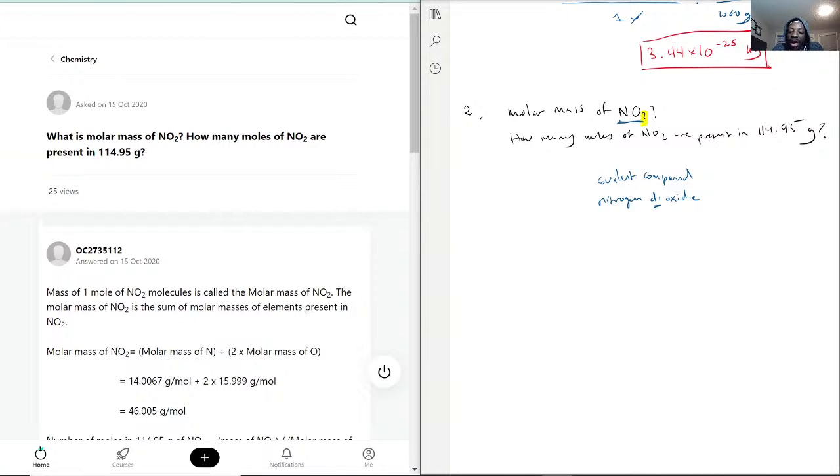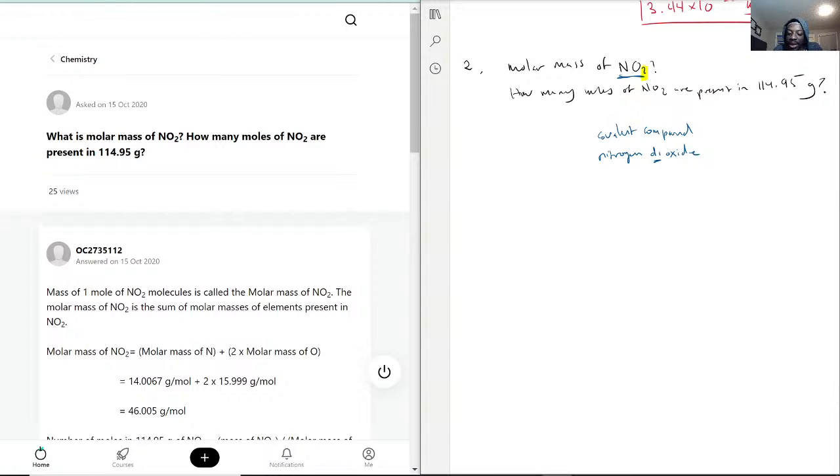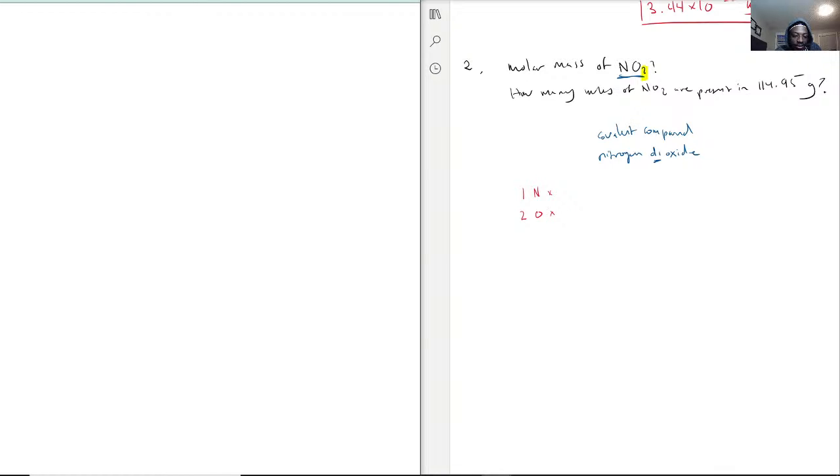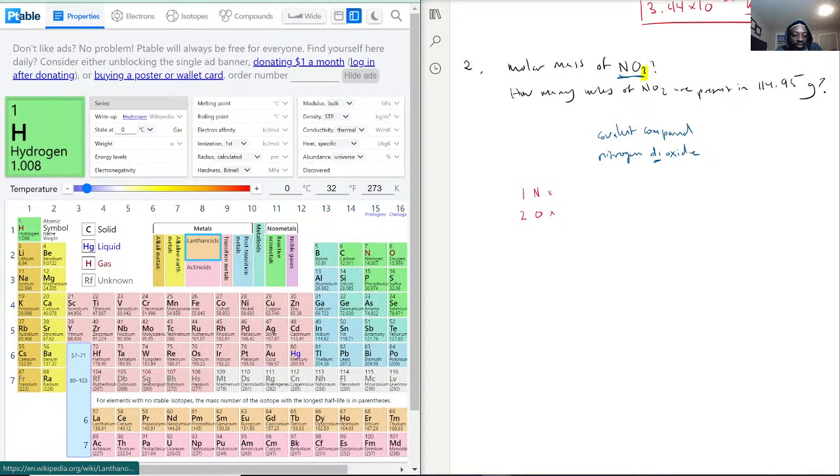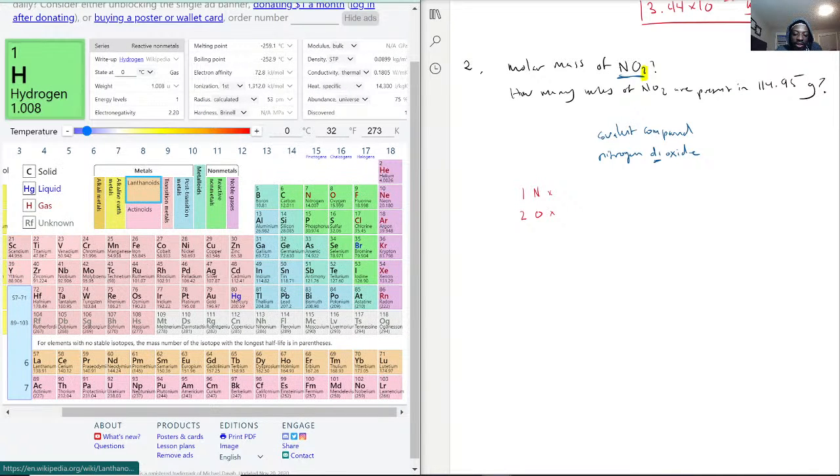Now this question is asking how many moles of nitrogen dioxide are present in a, whoops, that's the second question. They're asking first for the molar mass of NO2. So for this, we solve it first by getting its constituents. So we have 1 nitrogen, 2 oxygen, okay? And now if we look at the periodic table, nitrogen weighs 14.007 atomic mass units. Oxygen is 15.999.